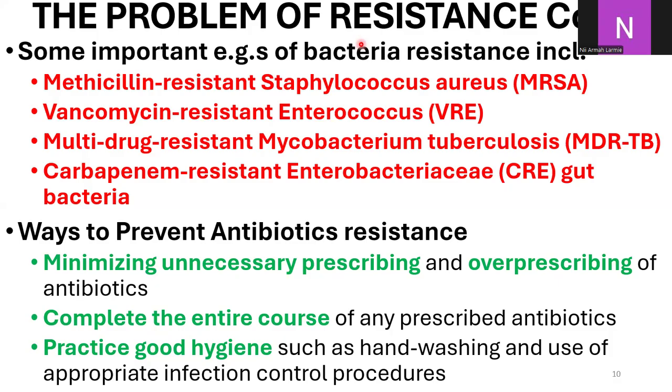It's also important that our patients understand that once they are given a course of an antibiotic, it's very important to complete the entire course. And we should all practice good hygiene practices that will prevent infection in the first place. Because if there's no infection, you wouldn't need the antibiotic and give the organism the opportunity to even become resistant.